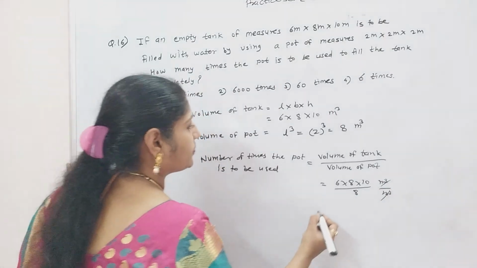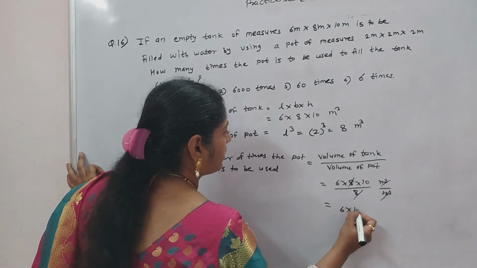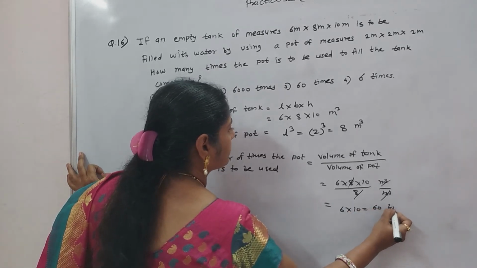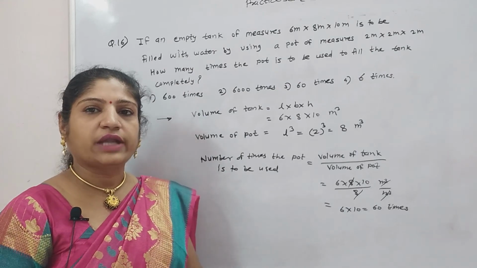That is cut, no unit. 8 8s are cut, 6 into 10, that is 60 times. The pot is used 60 times to fill the tank completely.